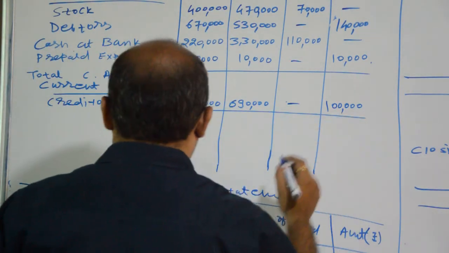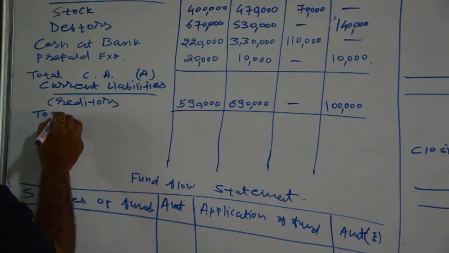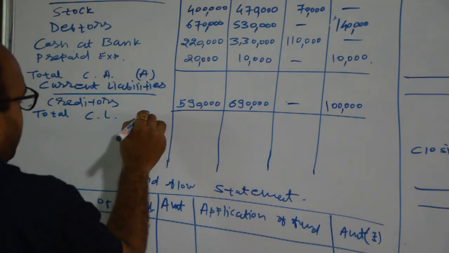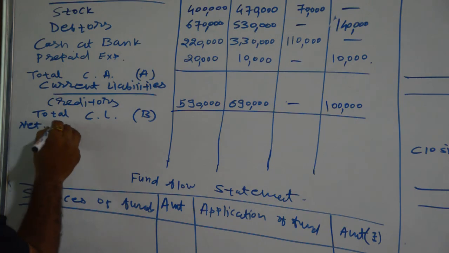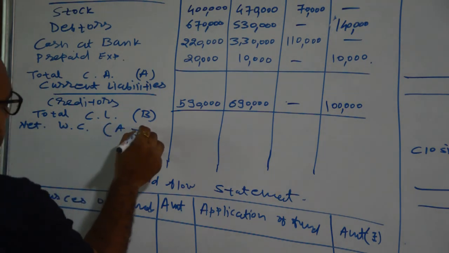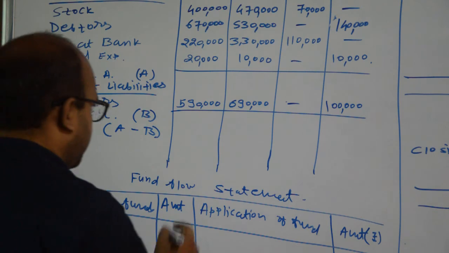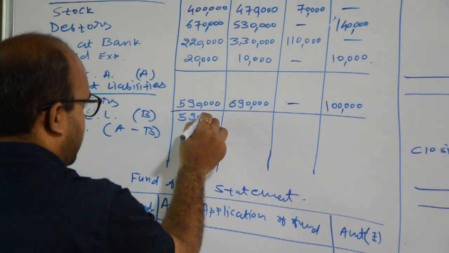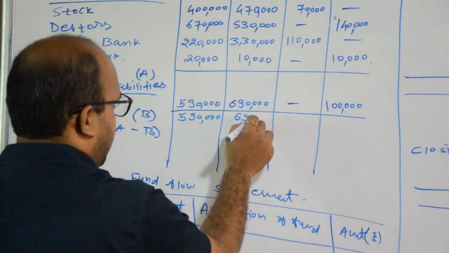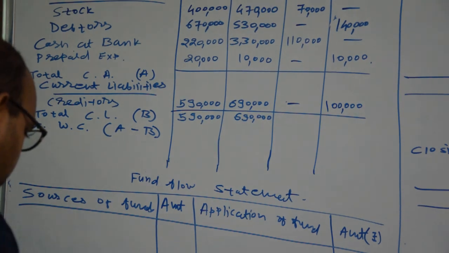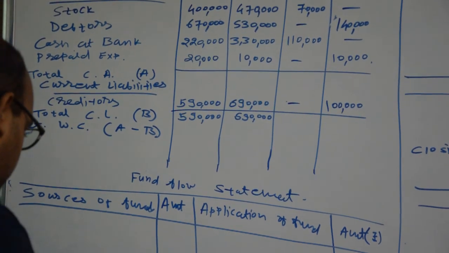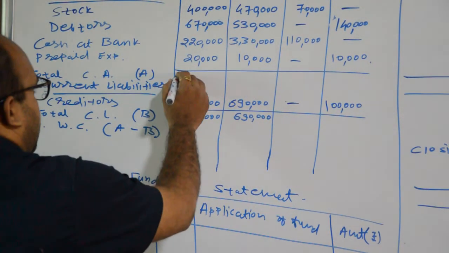Okay, then after, the total of current liabilities will be marked as B. Net working capital is equal to A minus B. Okay, we will make the total of current assets: 4 lakh plus 6,70,000, 2,20,000 plus 20,000 means 13,10,000 rupees.